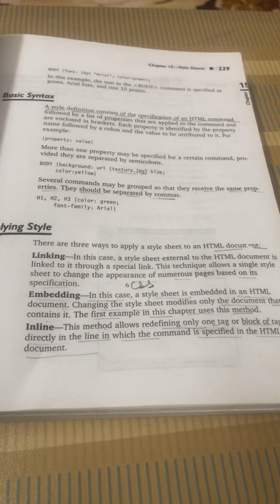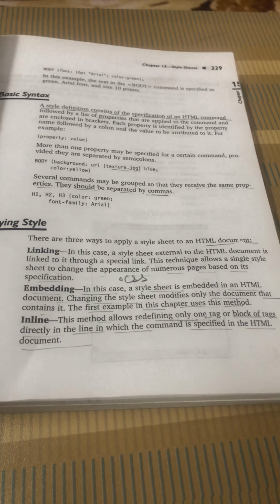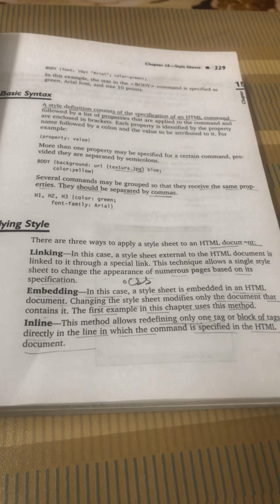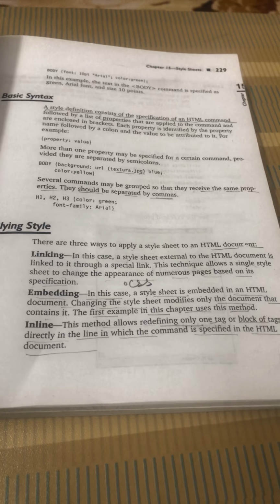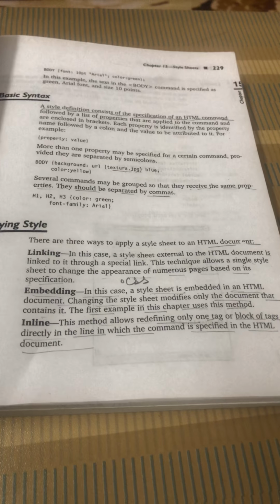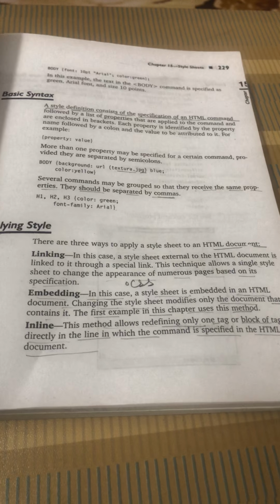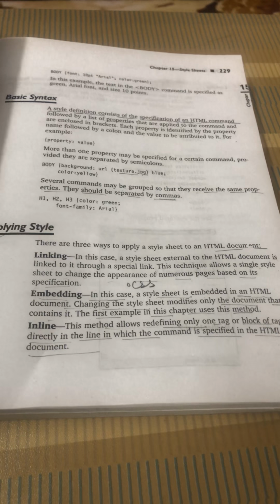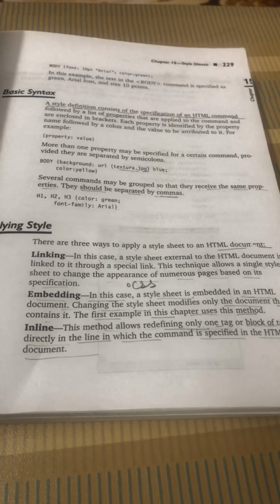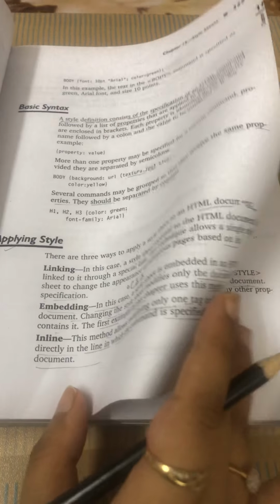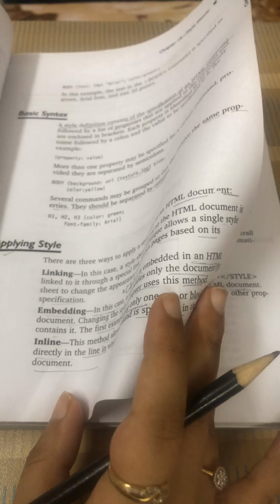Now the third option is inline style sheets. In this method, instead of having a style tag, we have a style attribute and we add the styling information inline, that is inside the tag for which I am specifying the style. Now let us have a look at all these three types of styling one by one.